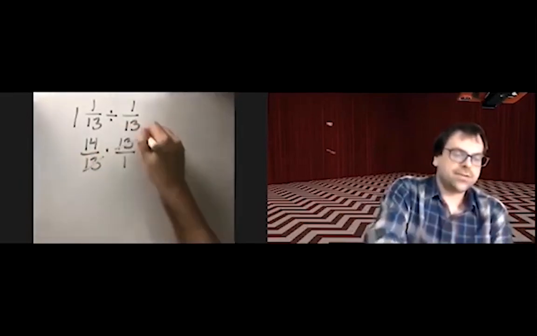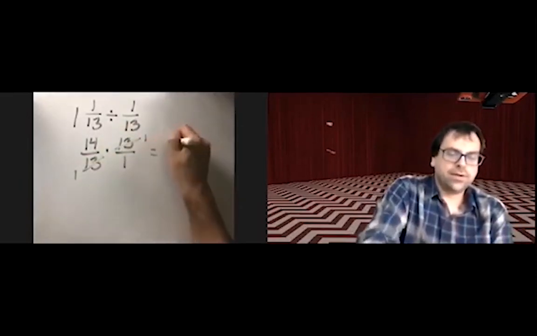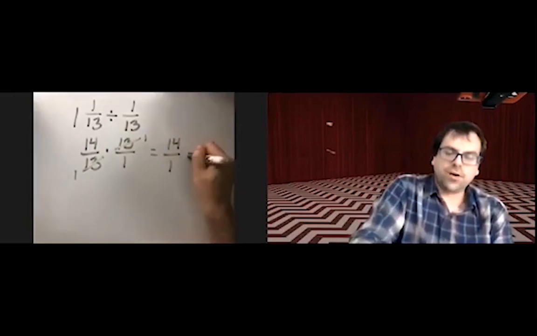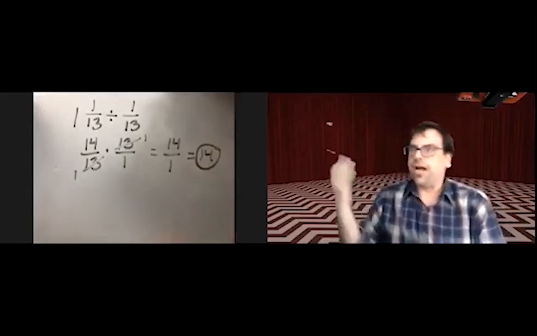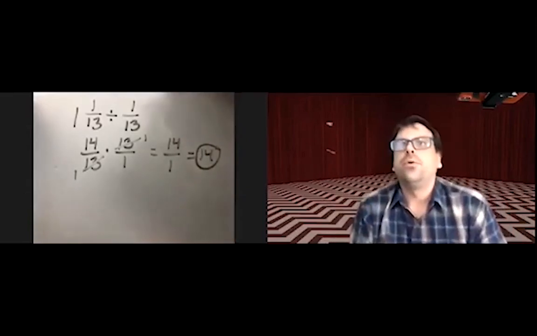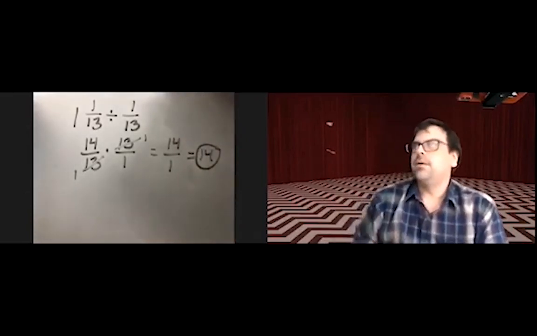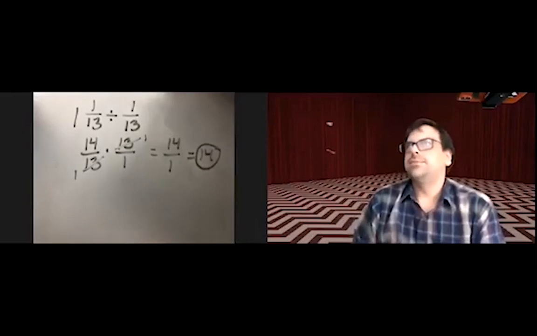The 13s cancel, 1 over 1. We get 14 over 1, which is 14. No fraction at all. So no need to worry about making it a mixed number.